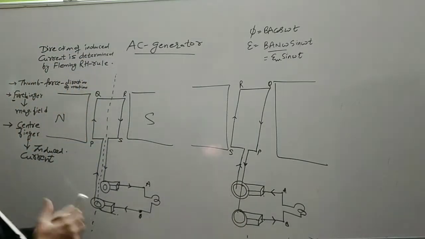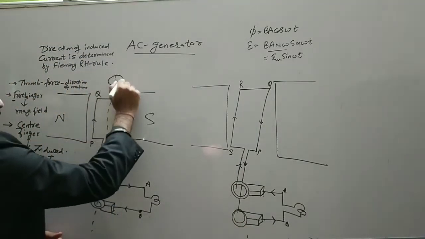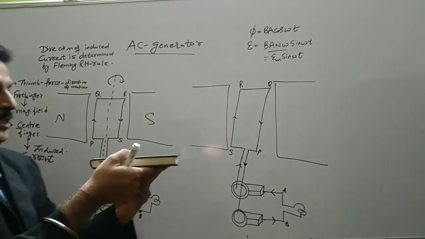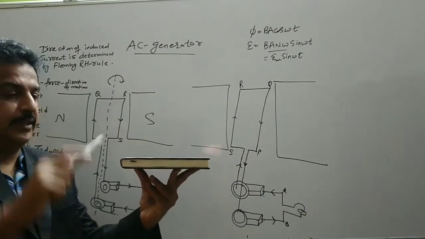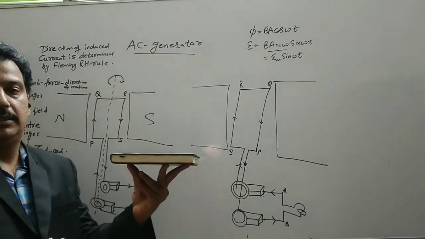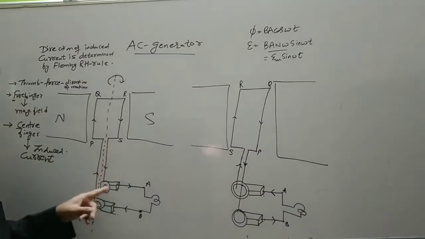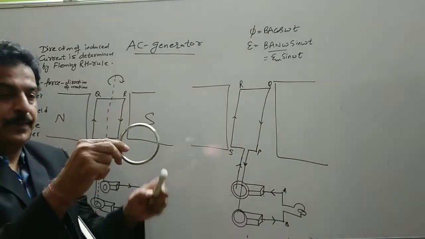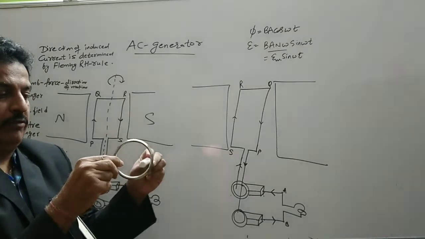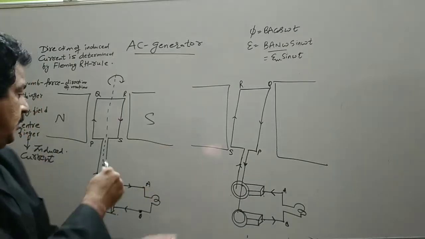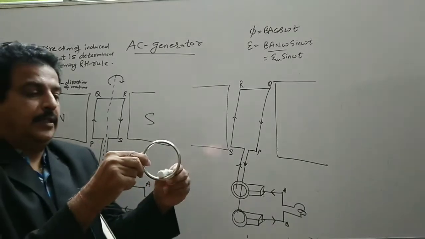Now we have taken the direction of rotation to be clockwise. So suppose I keep a coil like this. This is my PQRS. The two ends are connected with the slip rings. So my hand should be considered as a coil. This is the wire and this is the slip ring.